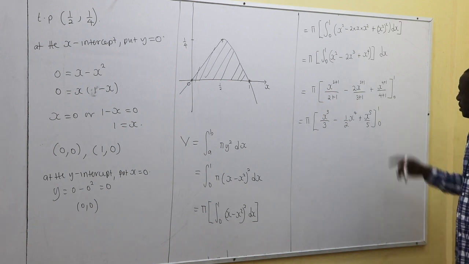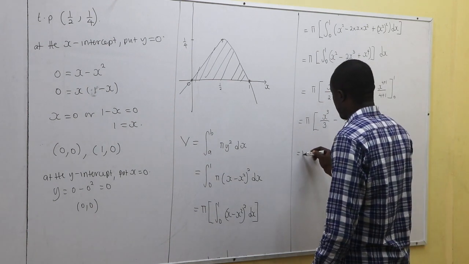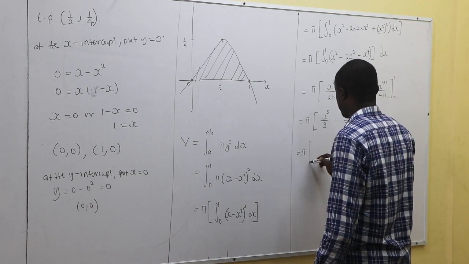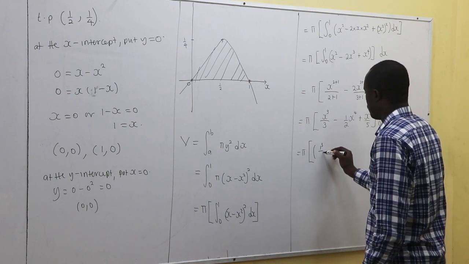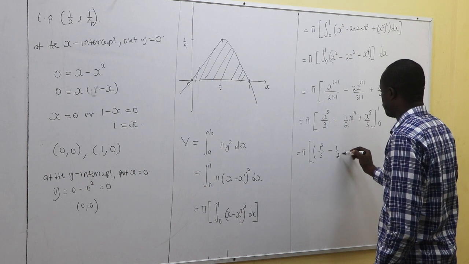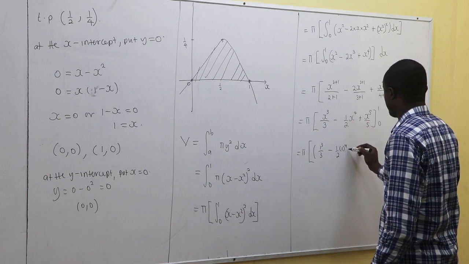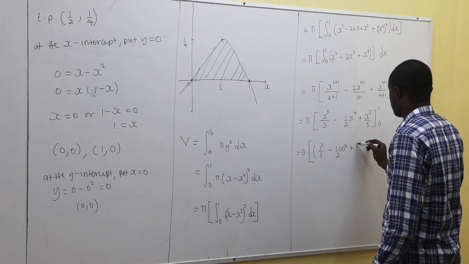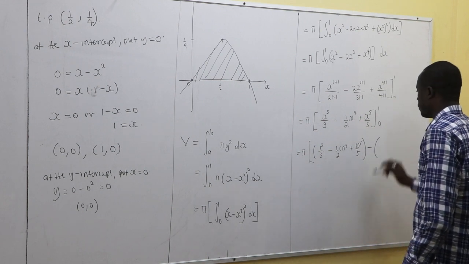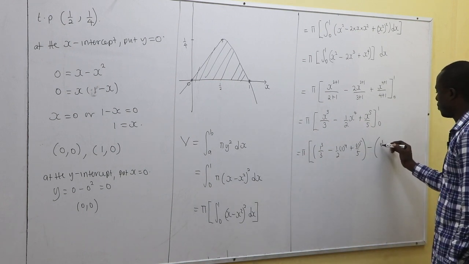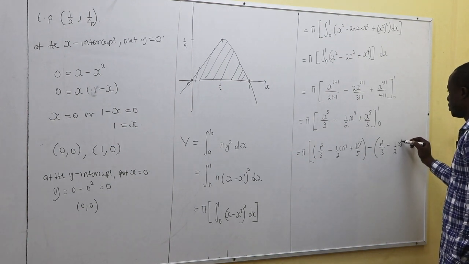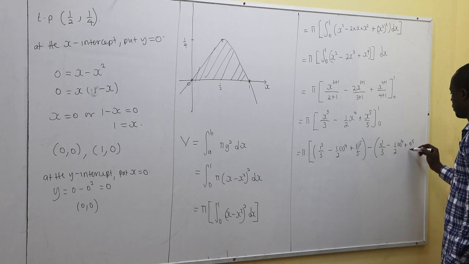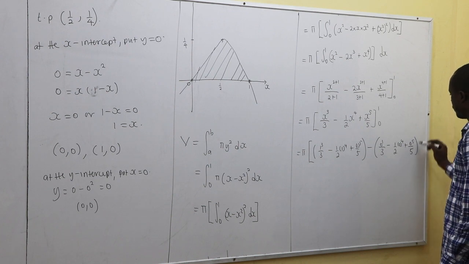Now let's put in the limits, with our pi multiplying everything. So 1 cubed over 3 minus 1 over 2 times 1 to the power 4 plus 1 to the power 5 over 5, minus 0 cubed over 3 minus 1 over 2 times 0 to the power 4 plus 0 to the power 5 over 5.